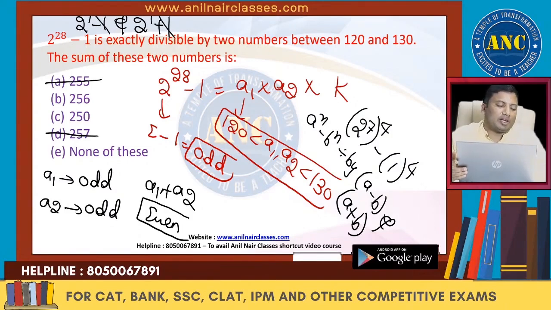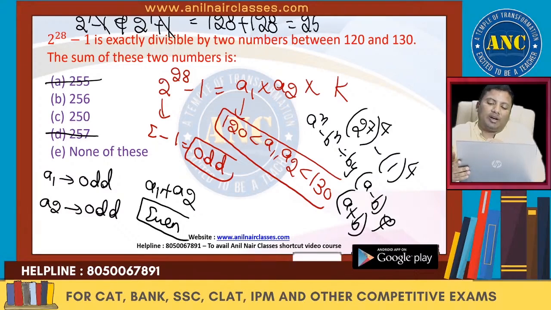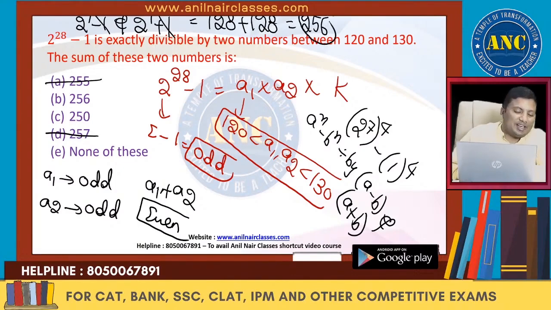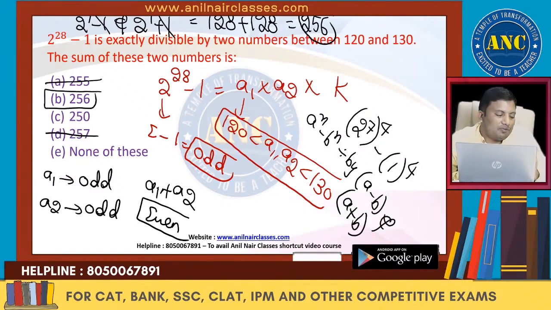Minus 1 plus 1 cancel. 2 power 7 is 128. Again it is also 128. 128 plus 128, answer is nothing but 256. I hope the idea is clear.